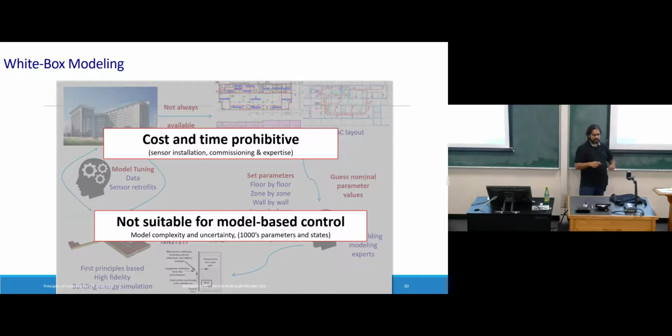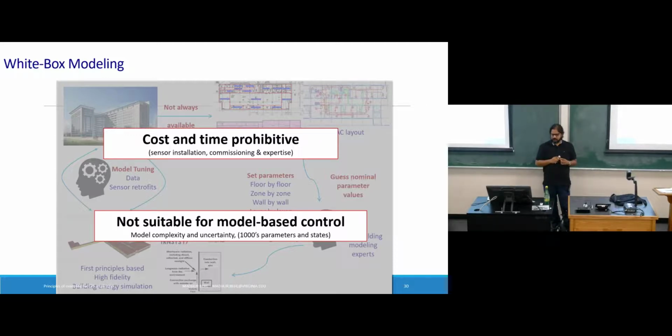This problem, I should say, is getting addressed by the controls community, but by and large, the EnergyPlus style white box models, which can model every single detail, right from the brick in the wall all the way to high-level electricity consumption of a building, it's just too much of a scale thing for a single model predictive controller. The computation becomes almost intractable.